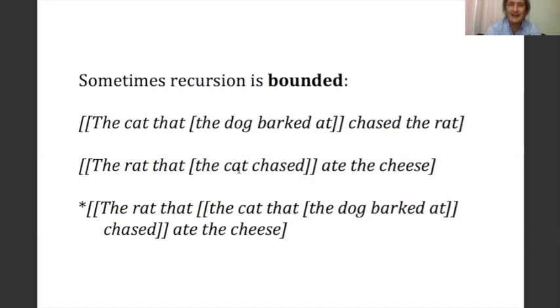The rat that the cat that the dog barked at chased ate the cheese. And if you do it one more time, it becomes absolutely impossible. The cheese that the rat that the cat that the dog barked at chased ate went moldy. Okay, you can maybe guess what it means, but nobody can just listen to those things and immediately understand, or even after a fair amount of work, understand what they're supposed to be saying.